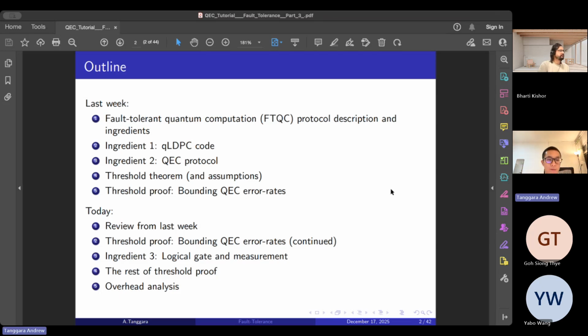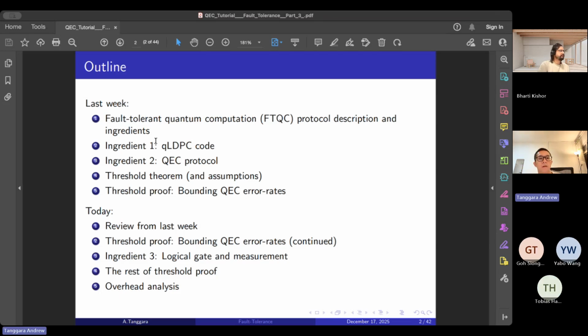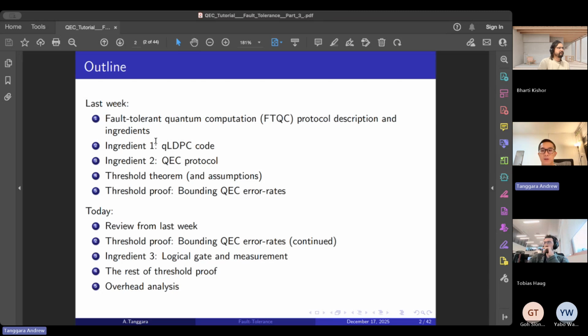Last week we went through the descriptions and the ingredients of the protocol: the QLDPC code used in the protocol, and the Shor quantum error correction protocol used in the fault tolerance scheme, and we talked about the threshold theorem and part of the proof.